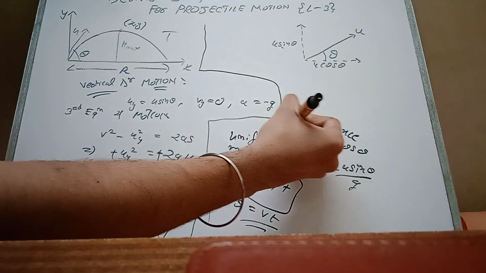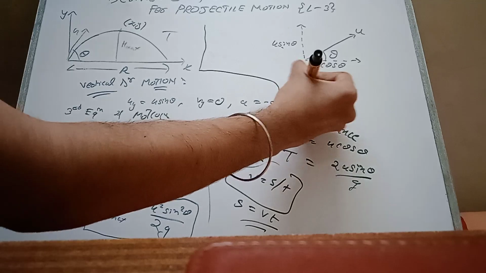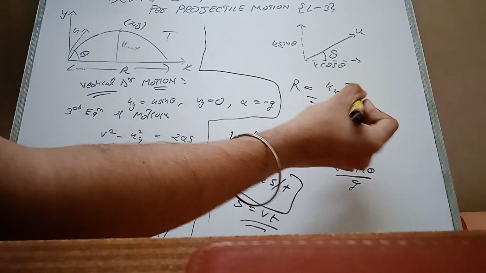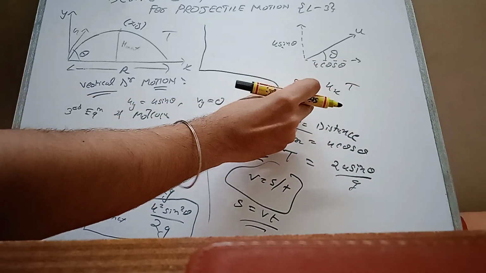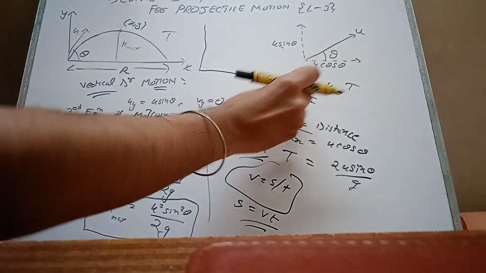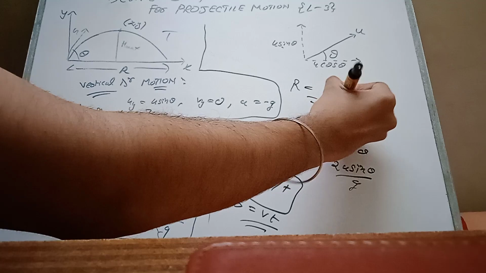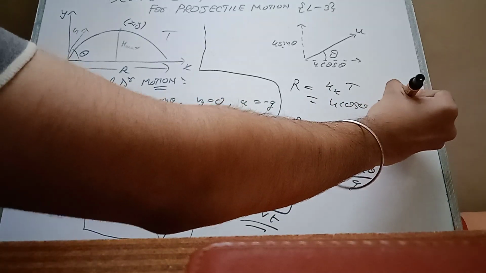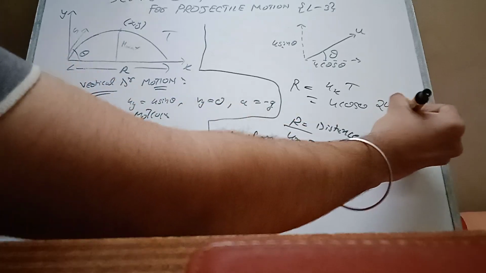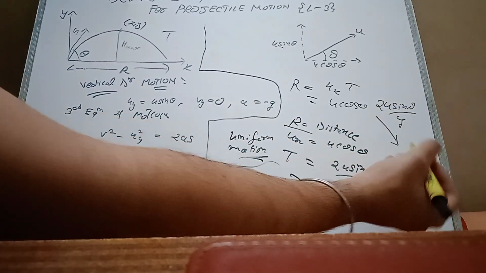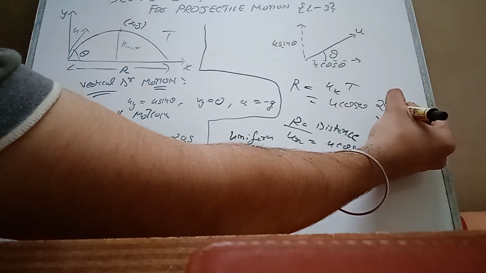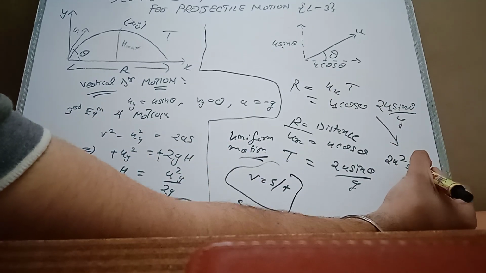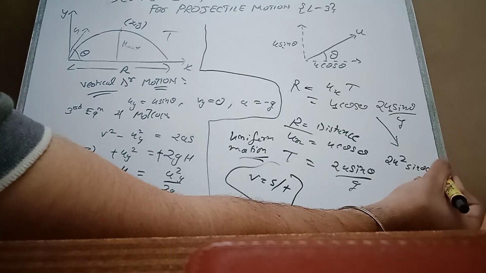So this R becomes ux into time of flight. Yes, speed into time is distance. ux is u cos theta. Time is 2u sin theta upon g. I am doing it here. After that, 2u, and u is also there, so 2u square sin theta cos theta upon g.